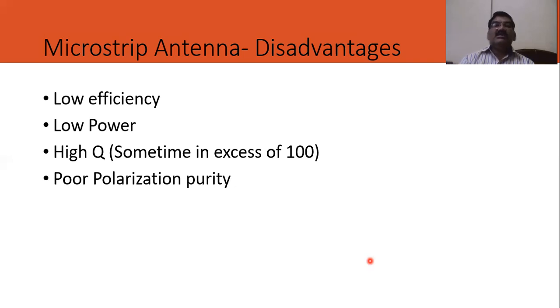Then poor polarization purity means there is a cross polar component. Whatever the polarization, it should be purely linear or circular polarization. Mainly it is about circular polarization. So your electric vector is rotating in this manner, and it creates a circle.